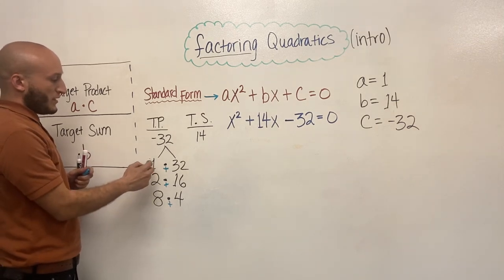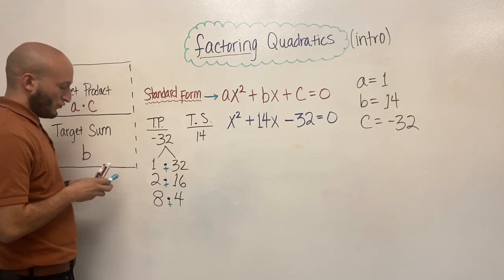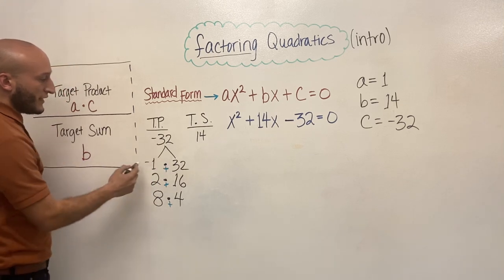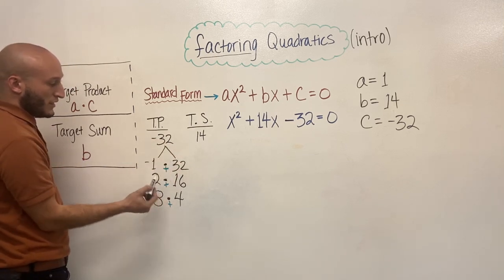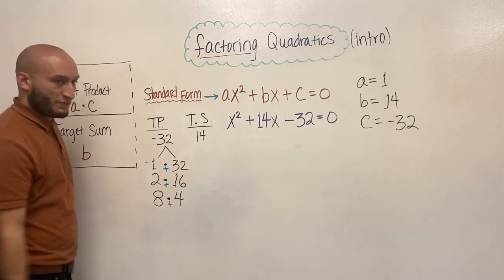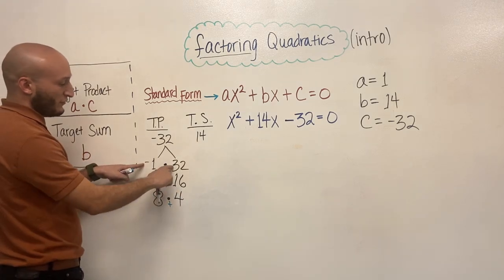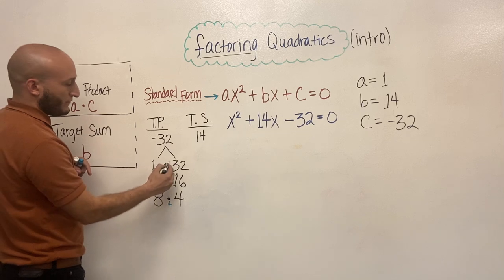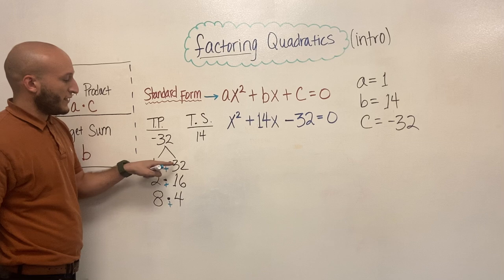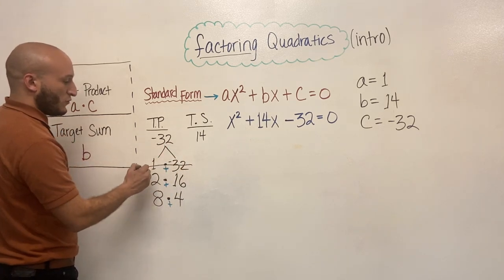Let's give the 1 a negative. Negative 1 times 32 gives me negative 32, but negative 1 plus 32 equals 31. Not even close. Even if I switch the negative over, I would get 1 plus negative 32, which is negative 31. So this will not work.